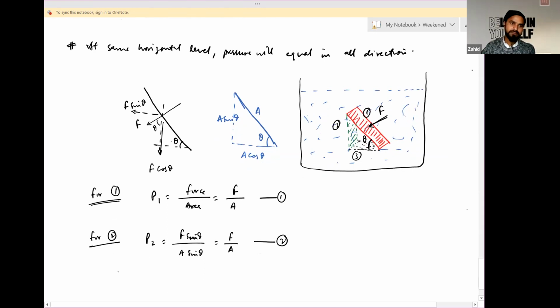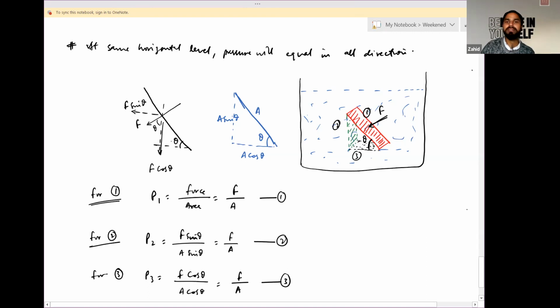Similarly, for the third part, P3 is equal to force by area. The third part is this base component, for which force is F cos theta and area of cross section is A cos theta. Cos theta and cos theta cancel out, so you get F by A only. Third equation. Just compare all of these three equations. You'll observe pressures P1, P2, P3 are equal. It means at the same horizontal level, pressure is independent of direction.